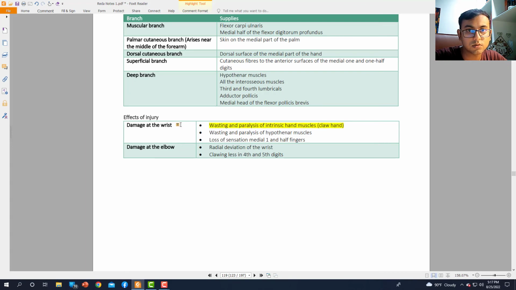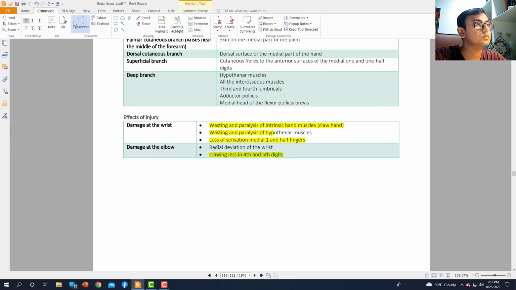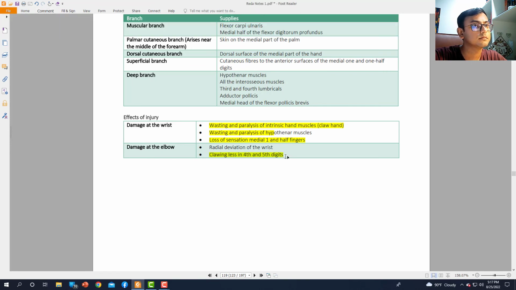If the ulnar nerve is injured, there is wasting and paralysis of the hypothenar muscles and loss of sensation over the medial one and a half fingers. Damage at the elbow causes clawing of the 4th and 5th digits, very very important.